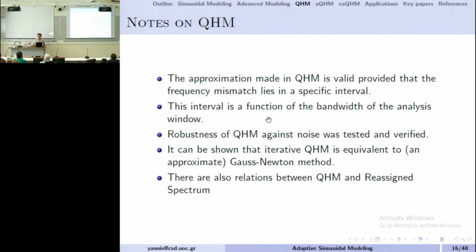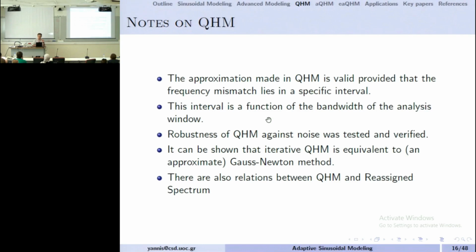And it is robust against noise, and there is a nice communication published with other researchers in which we show that indeed this iterative quasi-harmonic model is equivalent to the Gauss-Newton method, or approximate Gauss-Newton method.